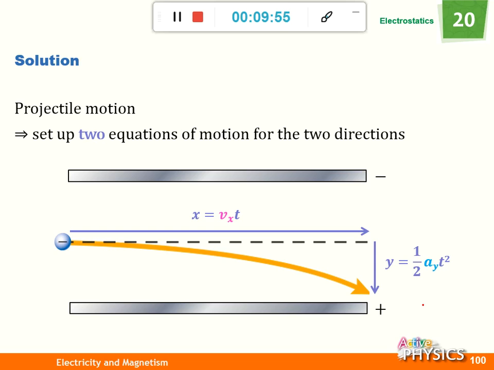Then, using the equation s = ut + half a t squared, u_y should be 0, because the initial velocity is horizontal and we don't have any vertical component.